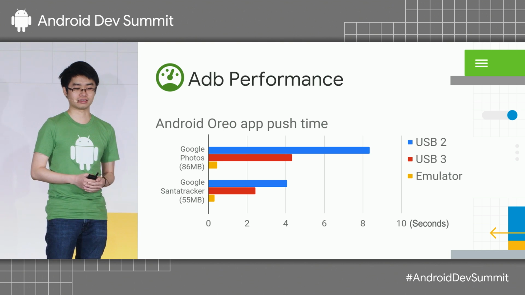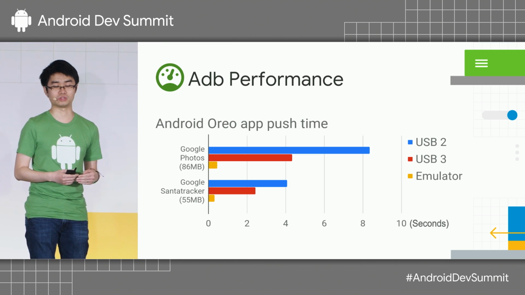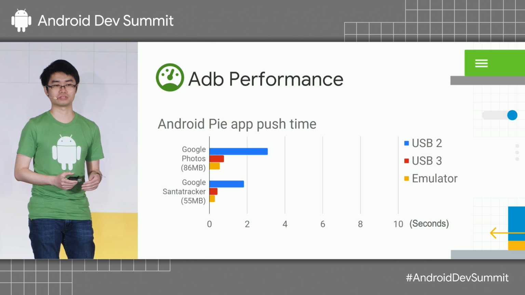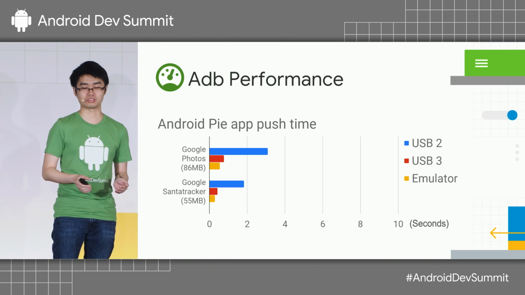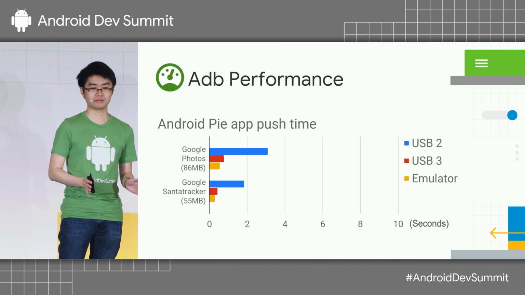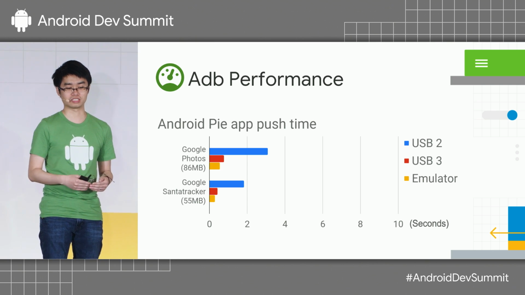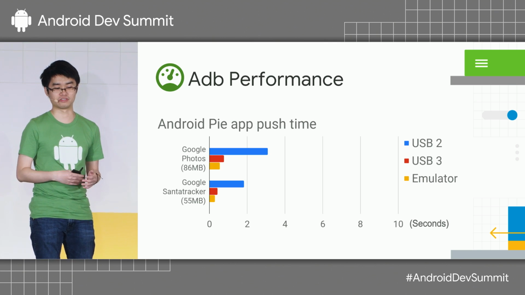It turns out that the OS version matters a lot as well when you are doing the app push. So we have a chart on the newer Android Pie device. If you are working on a physical device, the ADB push is a lot faster on either USB 2 or 3. And the emulator still gives you the best and very constant performance.